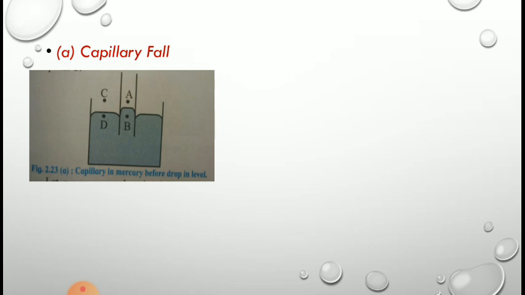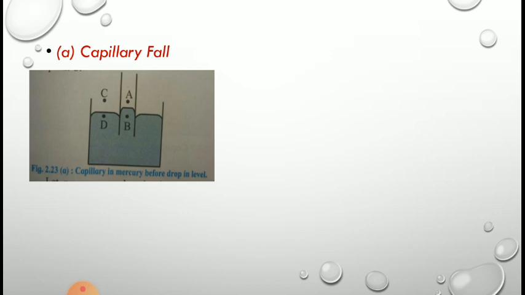So consider a capillary tube dipped in a liquid which does not wet the surface, for example in mercury. The shape of mercury meniscus in the capillary tube is upper convex. Now let's consider 4 points A, B, C and D as shown in the figure.